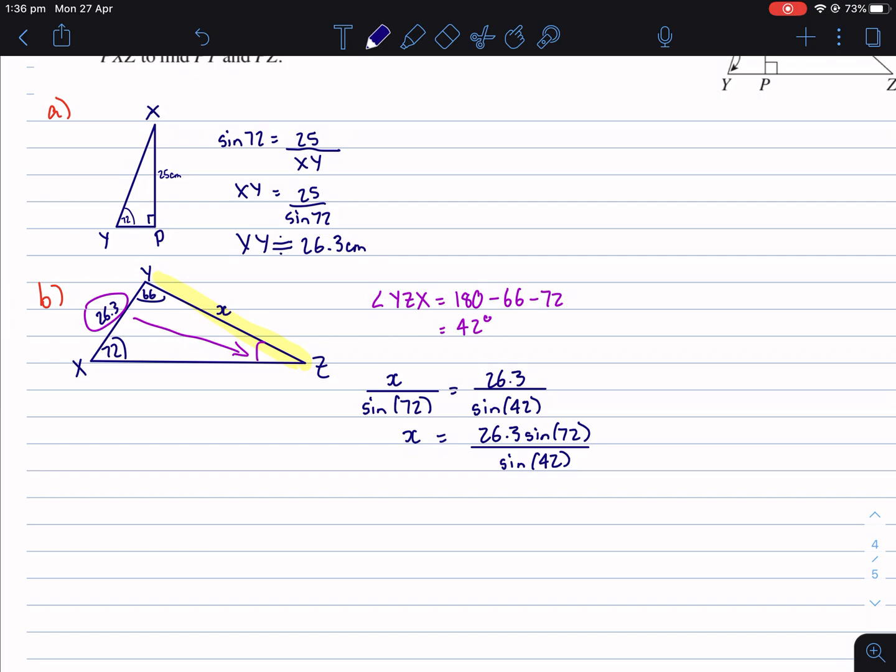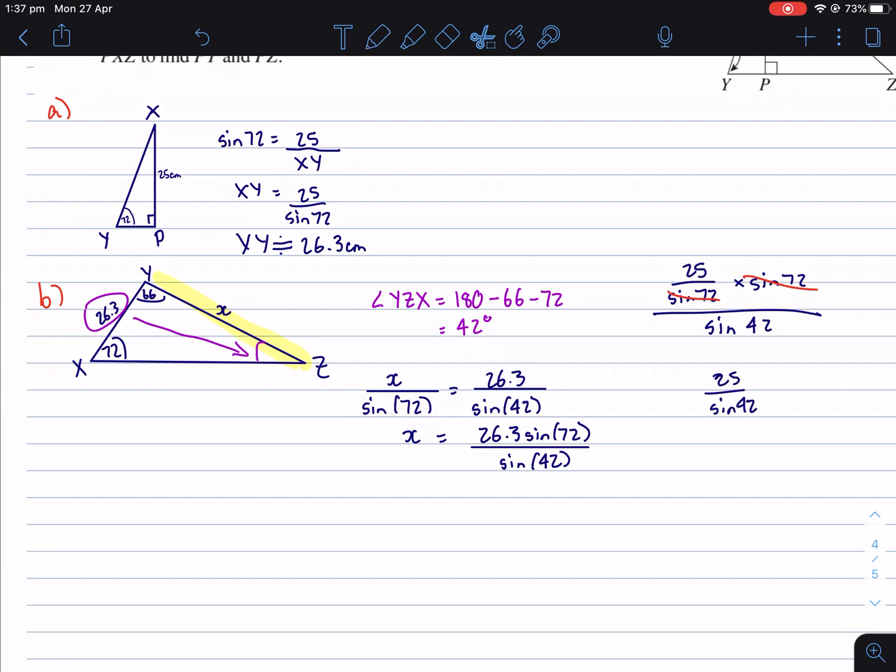I'm happy to use 26.3, by the way, for this approximation. I'm not going to be the person who does 25 over sine 72 times sine 72 over sine 42. These two cancel out, so I'm going to end up with 25 over sine 42.